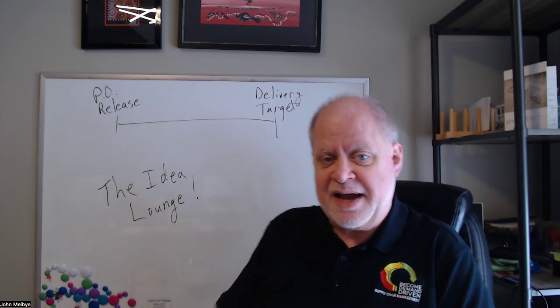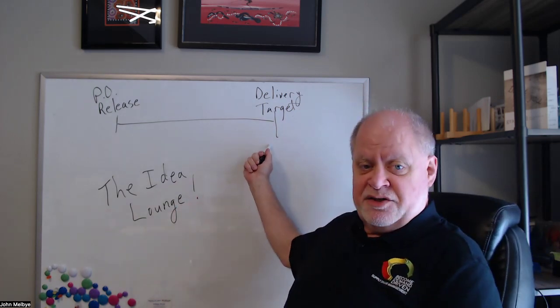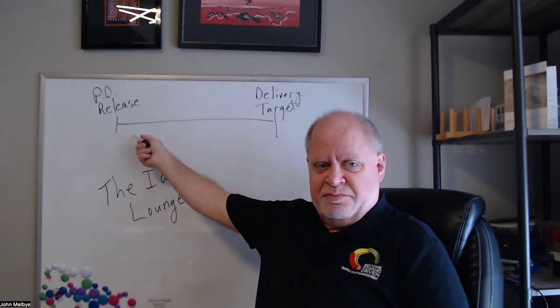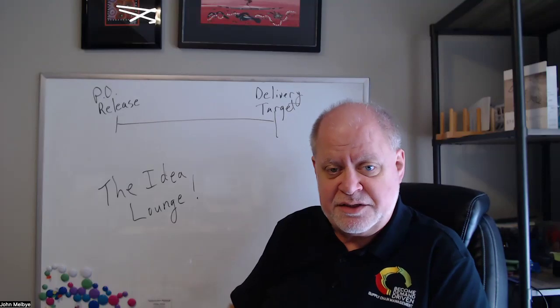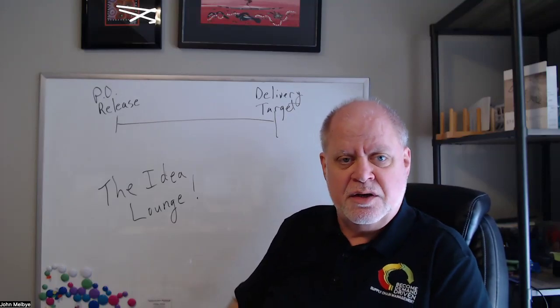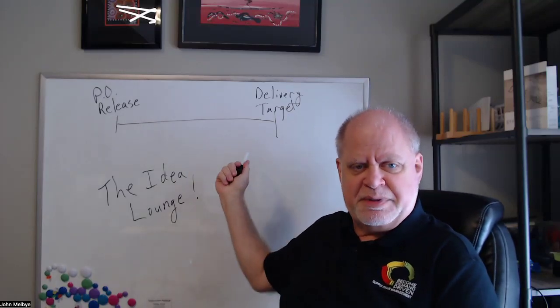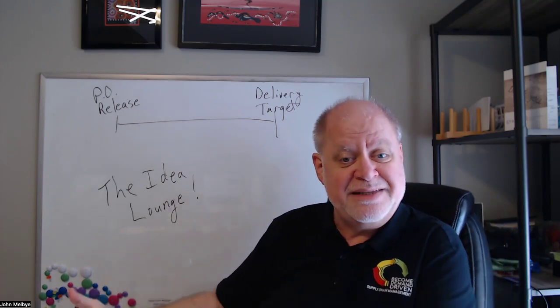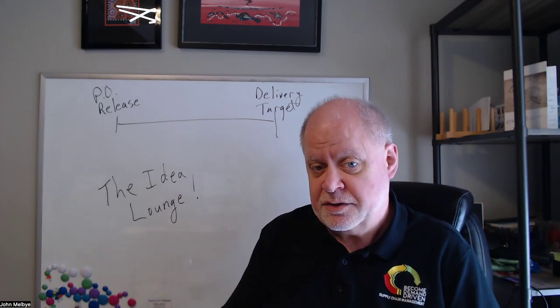So what often happens is, even though I have this delivery target, I am having to place this purchase order release without having specified a number on this end. What that means is I have to use a forecast.